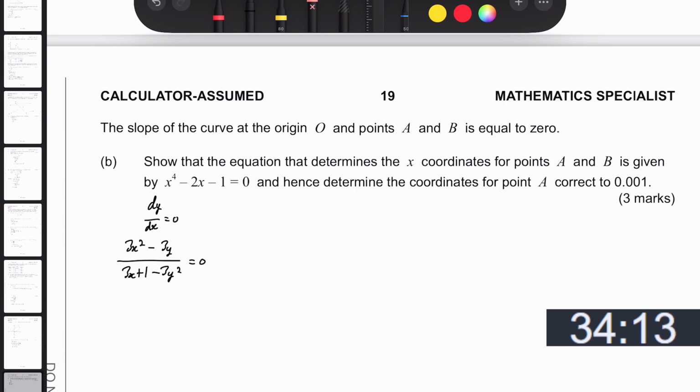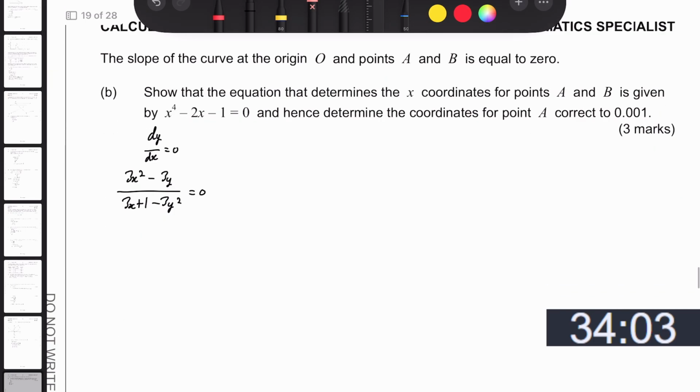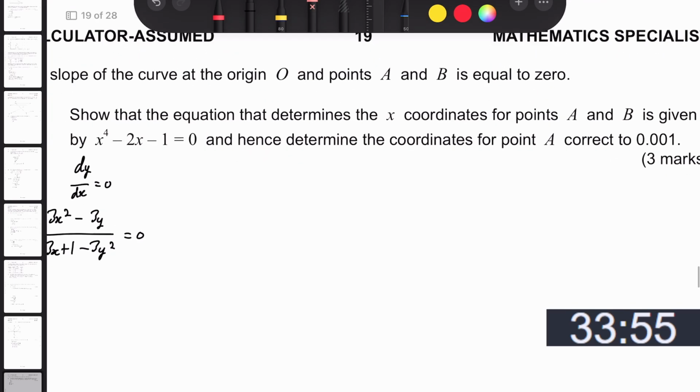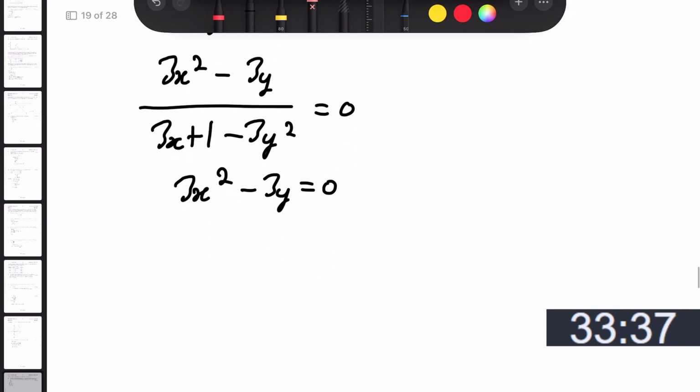So if that's all equal to 0, then 3x² - 3y equals 0.